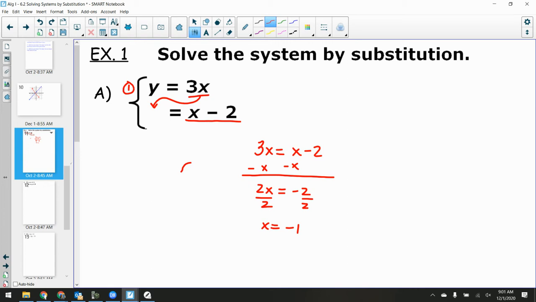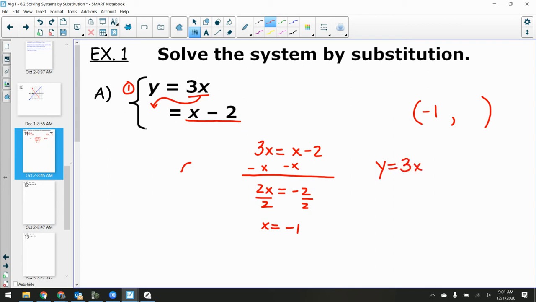Now, remember, don't lose sight of the end goal. The end goal is to try to figure out what location these lines will cross. So I'm going to start my answer now. I'm going to say it's negative 1 comma something. Well, how do I figure out what the y value is? Well, I just plug it back into one of my equations. Let's say y is equal to 3x.